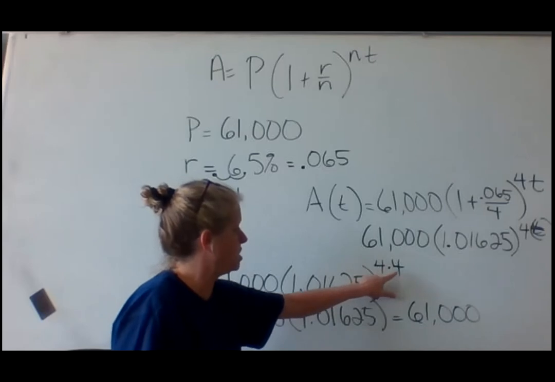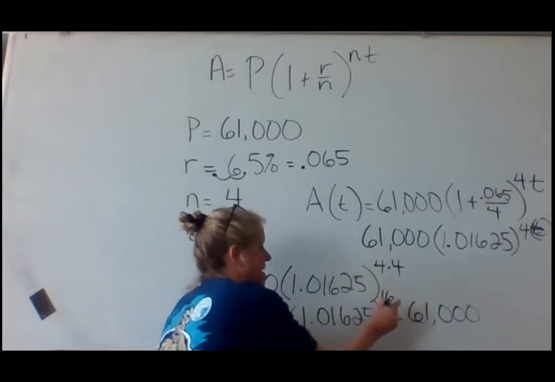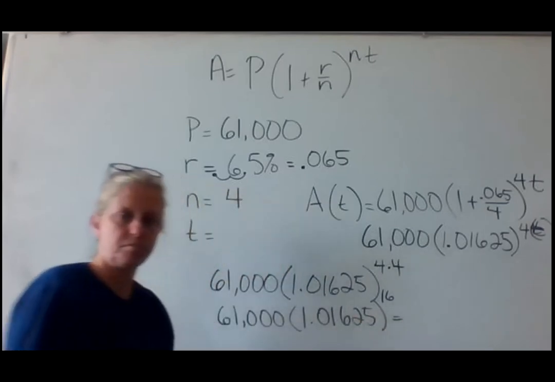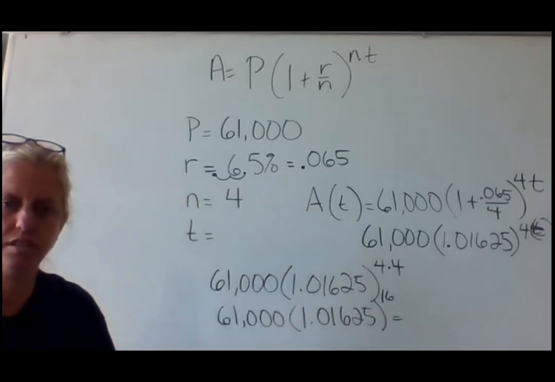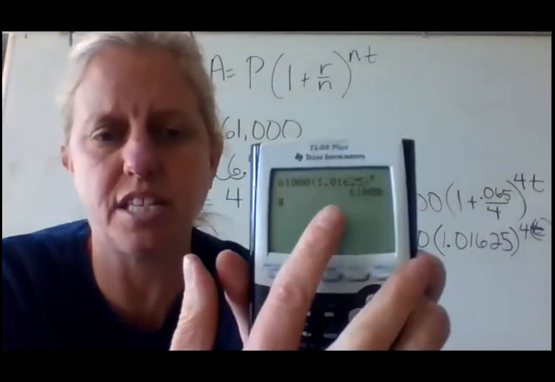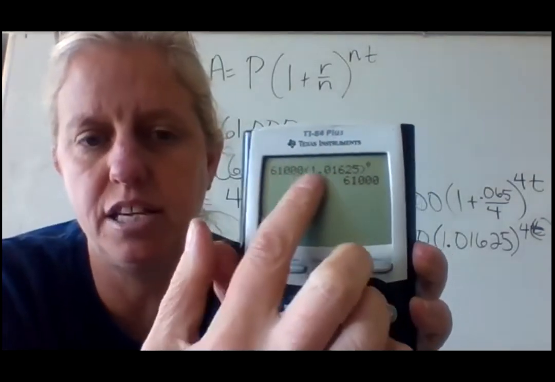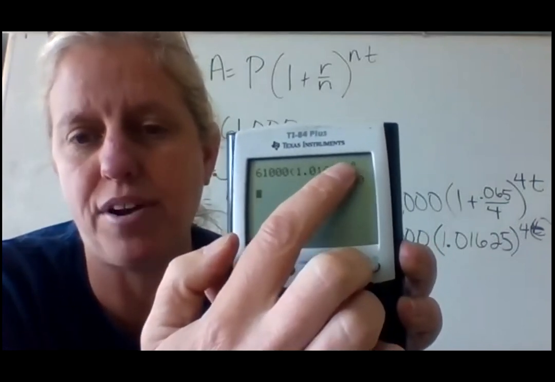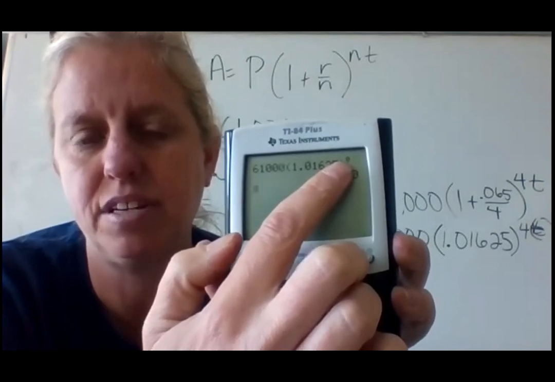So now I have 4 times 4, which is 16, as my exponent. And then type that in your calculator to see what you get.